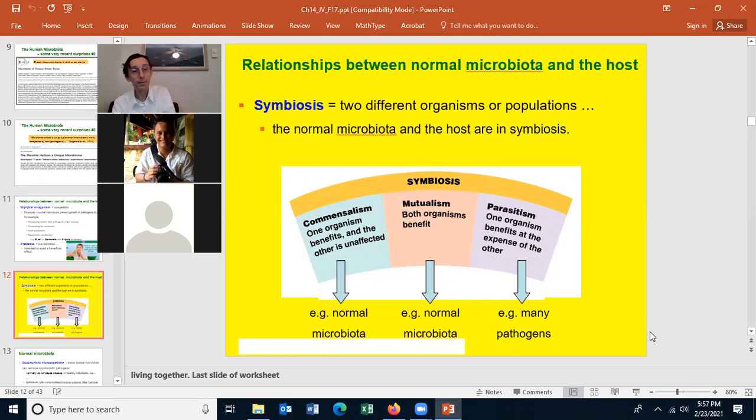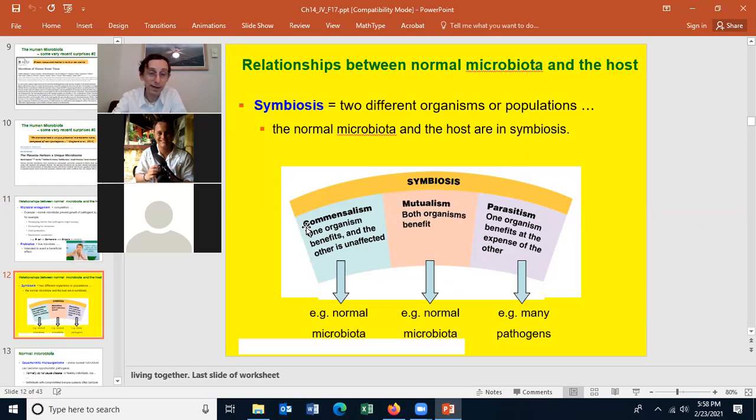For example, what's a good example? We'll say this one. It might not be entirely commensalistic because it can prevent the growth of a pathogen, in which case that's not commensalism, that's doing me good.